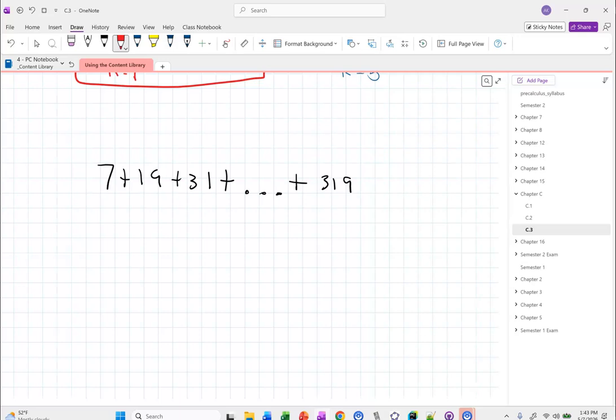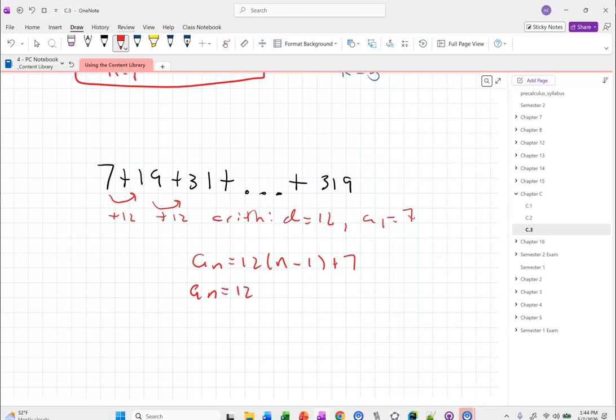So what probably is going to be the easier route is we'd start the same way. We'll notice that it's still arithmetic. The d is still 12, and the first term is still 7. Oopsie daisy. So we still do this stuff, and we still have this. So this is the first term, this is the second term, but what term is this guy? We want to know the n for that.